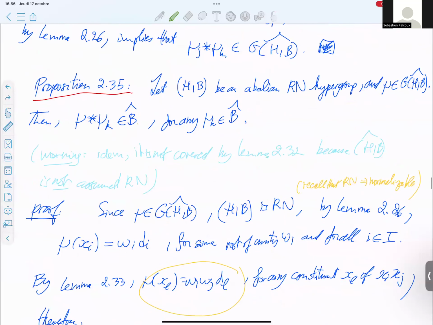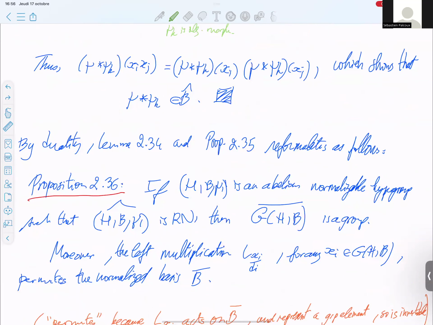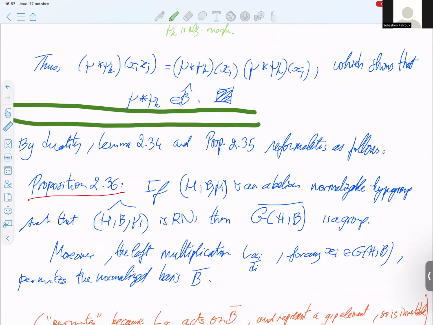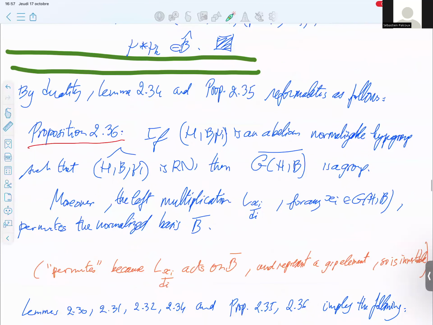And the dual of that we formulate as okay. So tomorrow I will come back. I will start from here, and I will maybe read again the statement of these two lemmas, of this and that, to show in what sense it's a dual version. But okay.